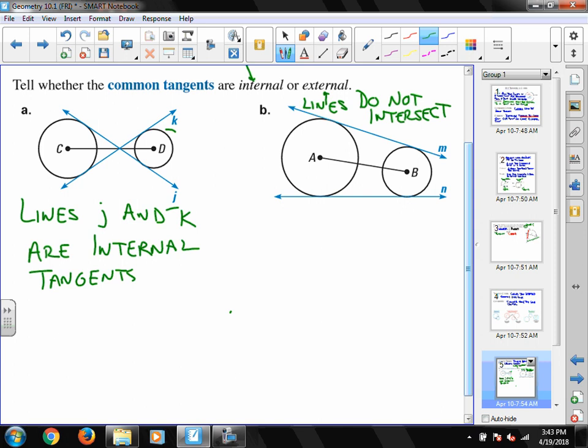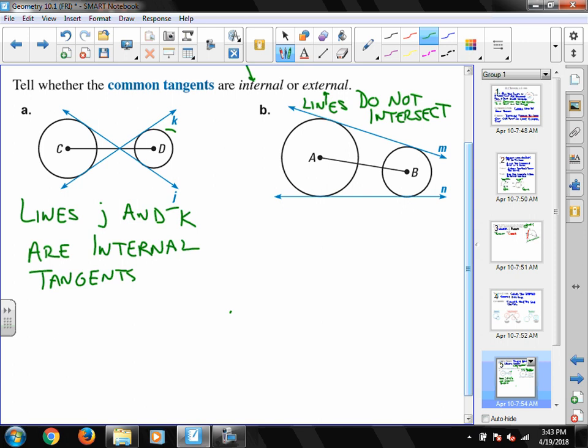The way I keep that in mind, they intersect, so they're going to intersect in between the circles. They're going to intersect inside the two on that line there. So inside, internal is how I keep that straight.